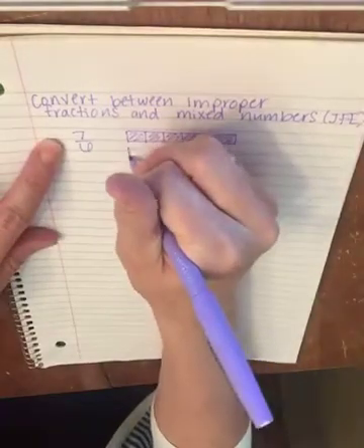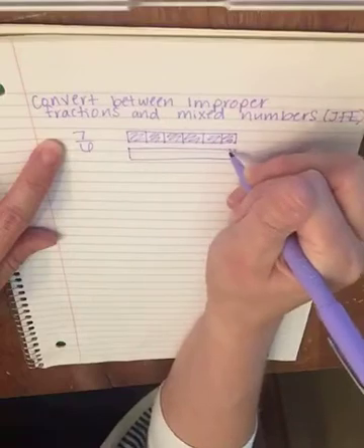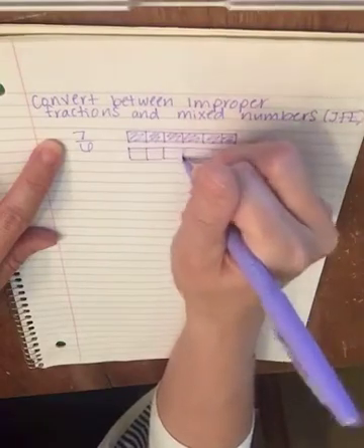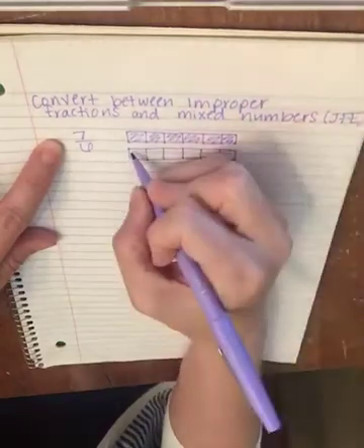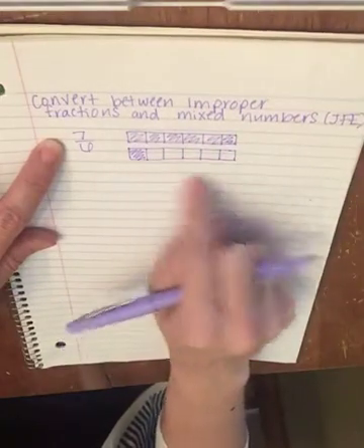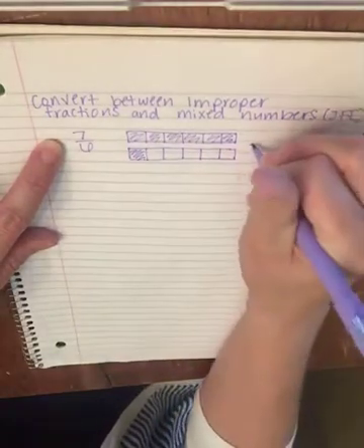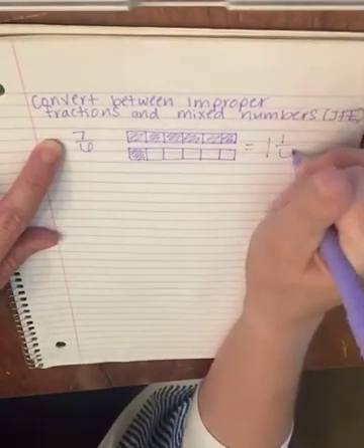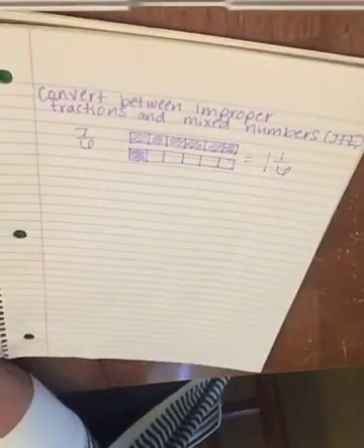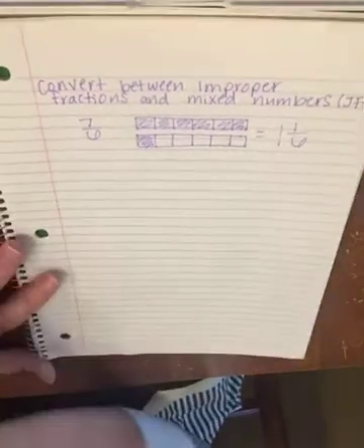So I know that I need to draw a second model. So I'm going to draw my second model here. I'm going to split this guy into 6 pieces as well. And I'm going to shade 1 because I have 6, 7. So if I look at this model, the fraction that's represented by this model is actually going to be 1 and 1/6. So I'm going to type that into IXL, and that answer was correct, okay?